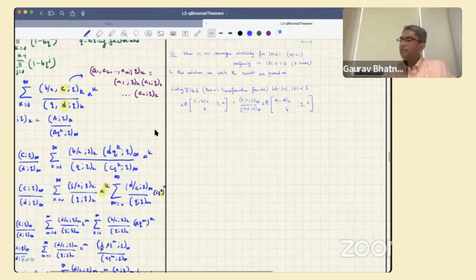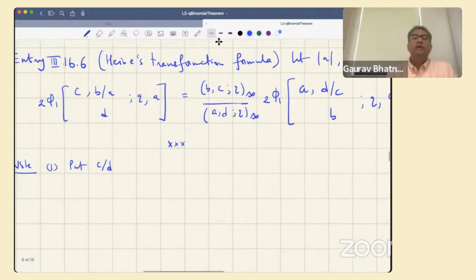Okay, so well, now this is it. I mean, this technique is quite useful, and let me make some notes. Remarks. So if you put c equal to d, so you can see over here, if you put c equal to d, this term becomes equal to 1.